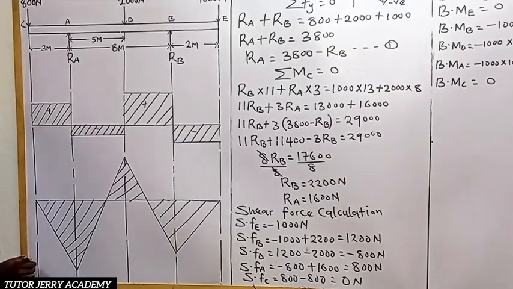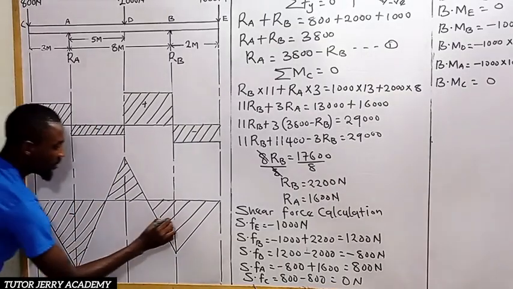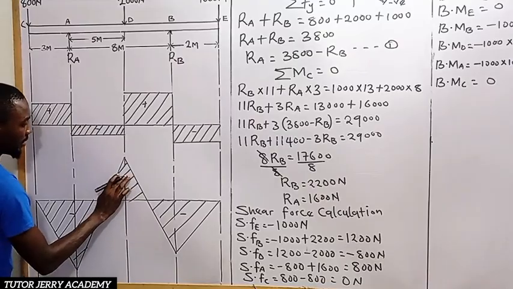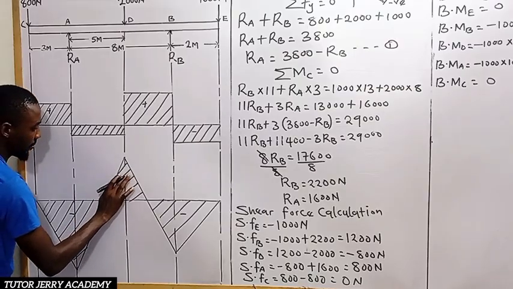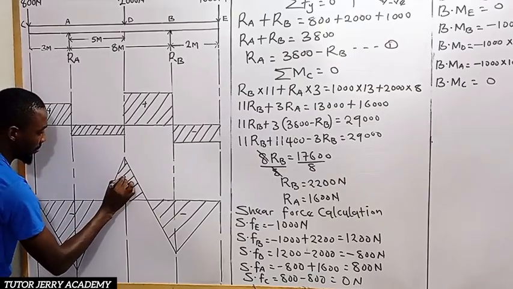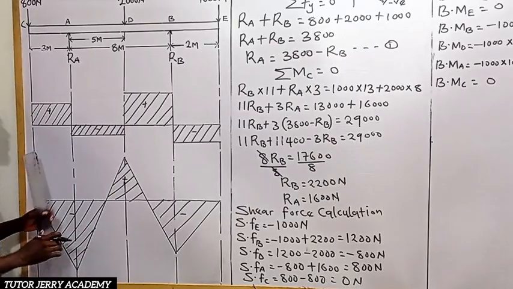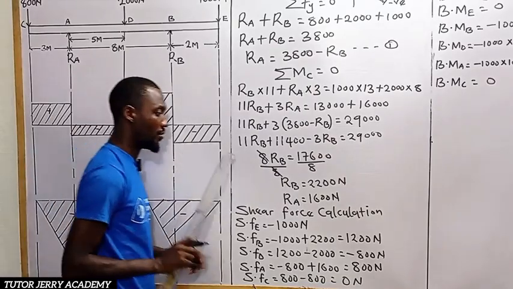So this is negative. This is negative, and this is positive. All right. So that's it. So we are done with the bending moment and shear force diagram.